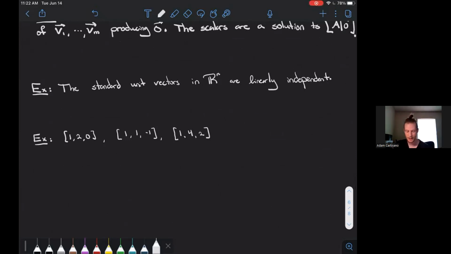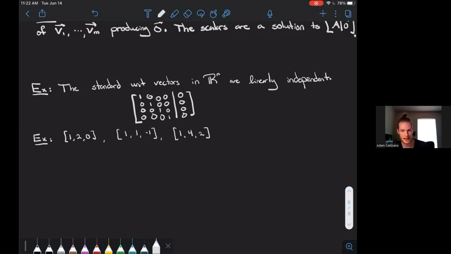The standard unit vectors are linearly independent. Let's set up the following homogeneous system, with R4 again. This is precisely the homogeneous linear system called for by theorem 2.5.